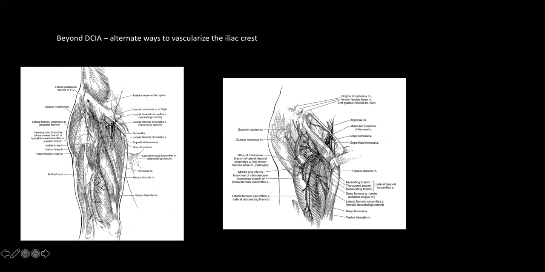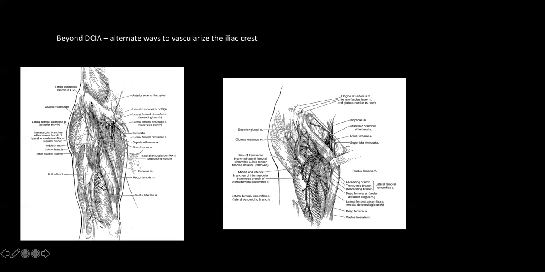One of the ways to vascularize the iliac crest is to use the periosteal blood supply through the muscular attachments to the iliac crest. One of the muscles that we use is the TFL muscle, in the lateral thigh. It attaches to the iliac crest, and it is perfused by the transverse branch of the lateral circumflex femoral artery. So the iliac crest, based on the muscular attachments of the tensor fasciae latae, can be made vascular.